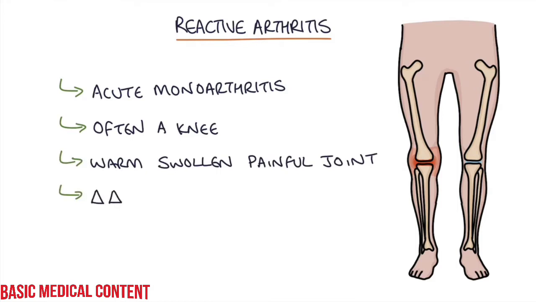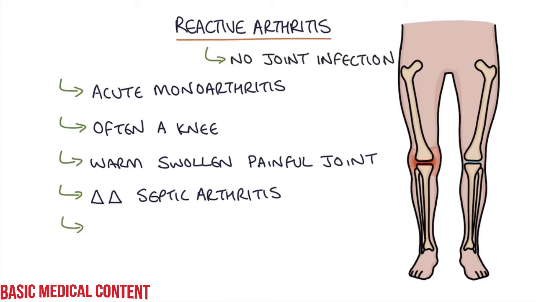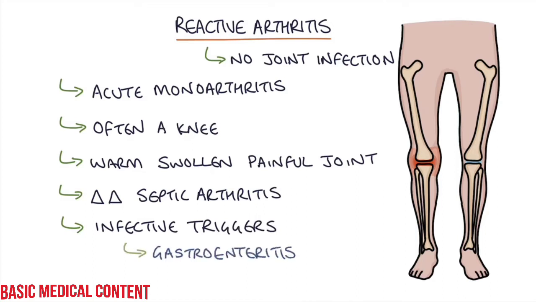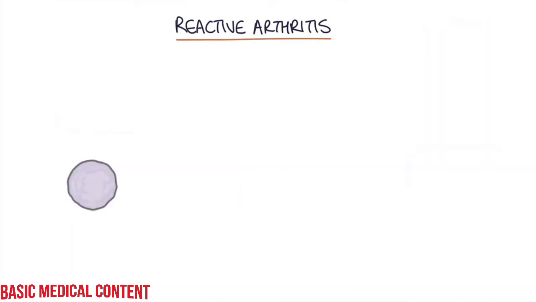The obvious differential diagnosis is septic arthritis, which is infection in the joint, but in reactive arthritis, there's no joint infection. The most common infective triggers for reactive arthritis are gastroenteritis or sexually transmitted infections. Chlamydia is the most common sexually transmitted infection that causes reactive arthritis.